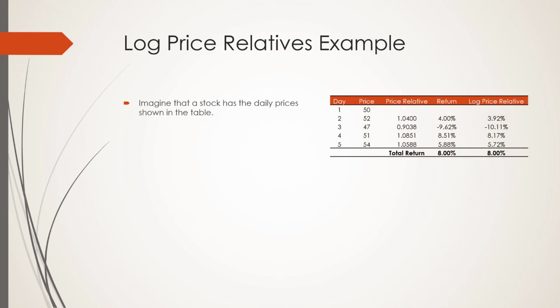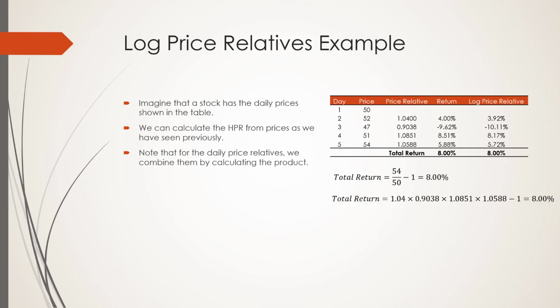So here we have a little table, and the stock price on day 1 was 50, on day 2 it was 52, on day 3 it was 47, and then 51, and then 54. First of all, if you calculate from the prices the holding period return, it would be 54, the end price, divided by 50, the beginning price, minus 1, which gives you 8%. And that's what you see here. Now, if we have the daily price relatives, for the first one it's simply 52 divided by 50, that's 1.04.